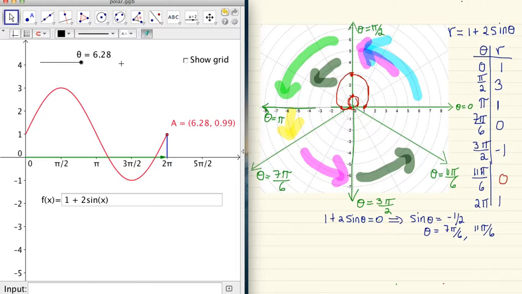For that part of the region, I'm going through these angles, but r is positive, so I really do draw the curve in that region. So that's going to go like this as r increases from 0 to 1. And that is my curve. It looks sort of like a heart with a little loop-de-loop inside.